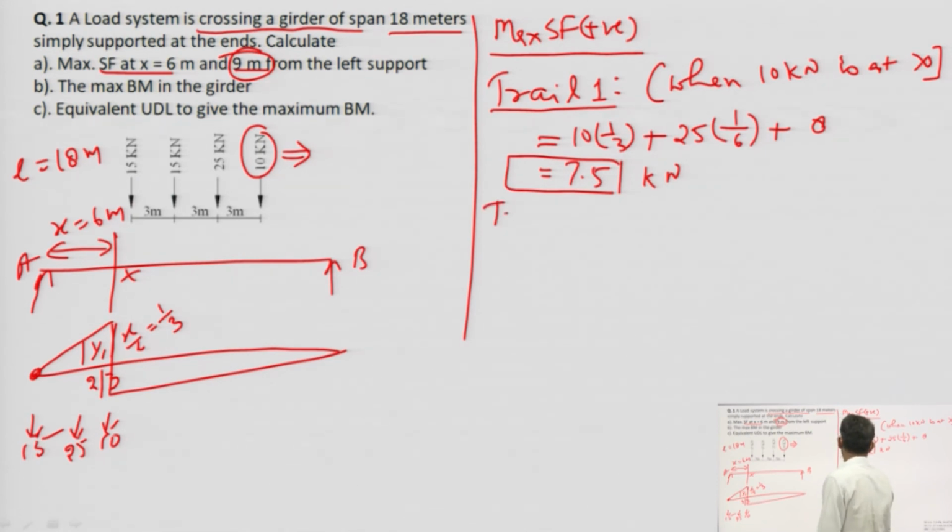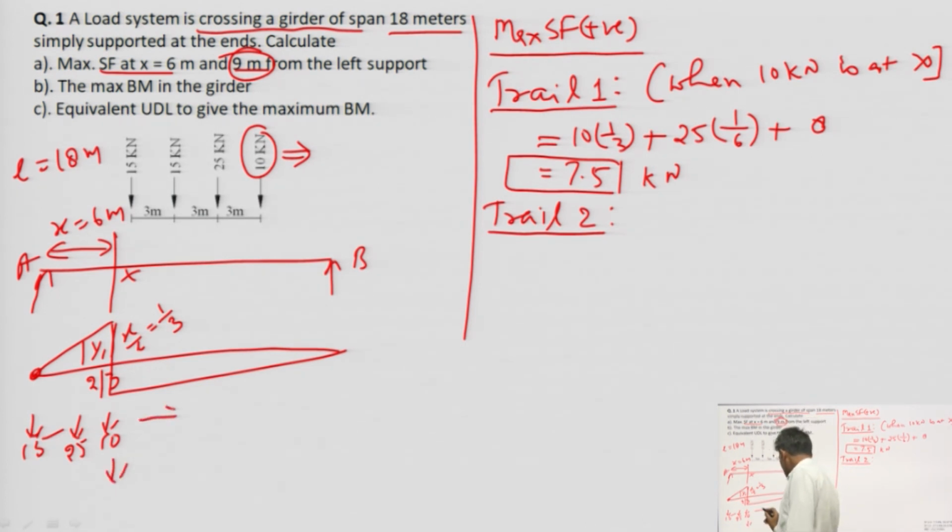We should take trial 2 also. And trial 2 is what? When the 25 kilonewton load is at the section. This was our trial 1, and now we are considering trial 2.